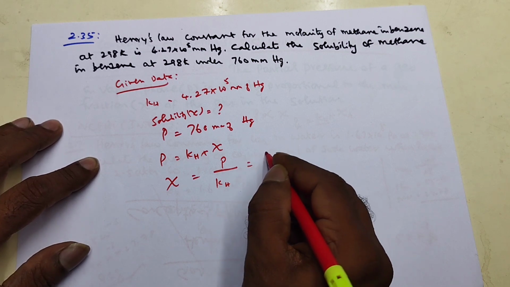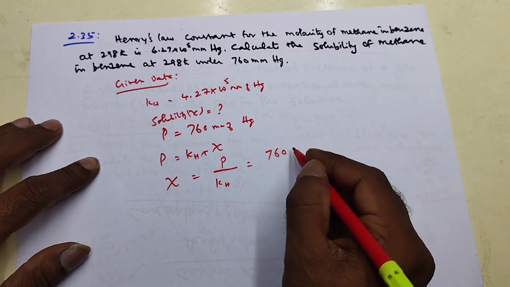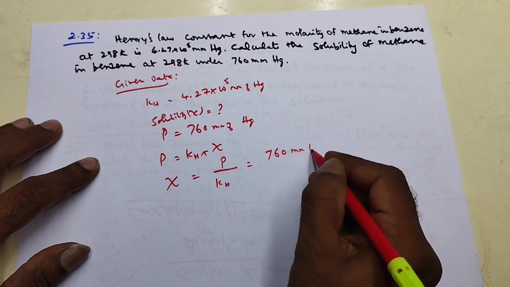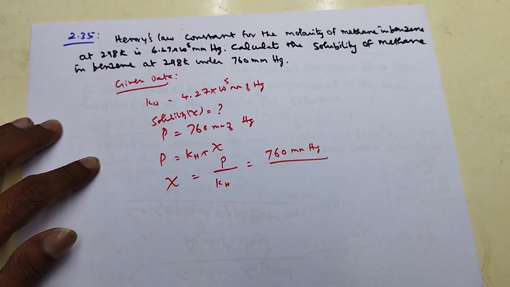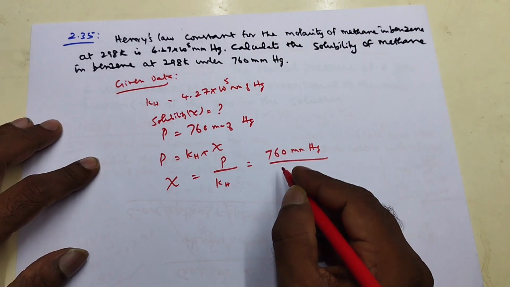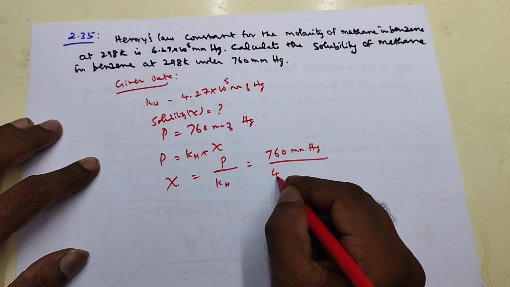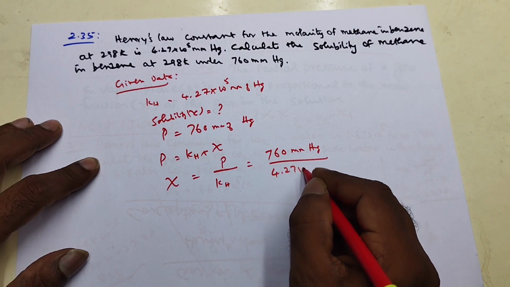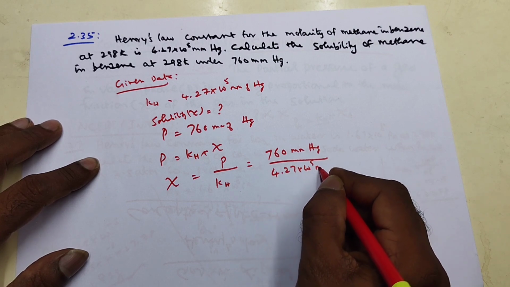Pressure is given as 760 mm of mercury. Both are given in the same unit, millimeter of mercury, so there is no problem of conversion of pressure. Kh is given as 4.27 × 10^5 mm of mercury.